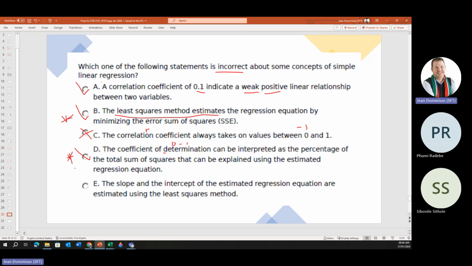That is basically spot on the definition. Just remember the coefficient of determination is for R square. E: The slope and the intercept of the estimated regression equation are estimated using the least squares, also correct.